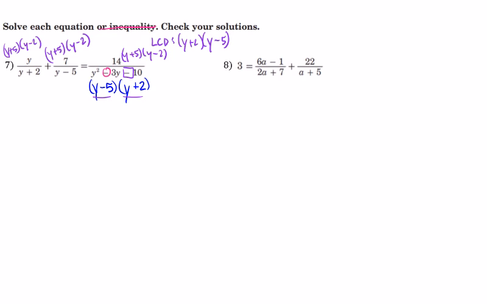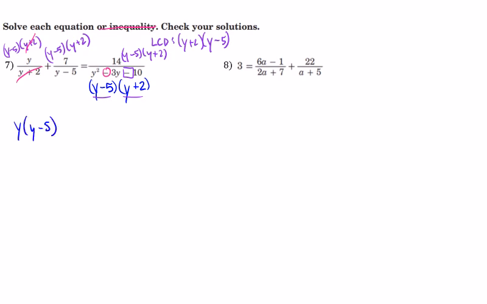This will be y minus 5 and y plus 2. Sorry about that. All right, so anyway, what will happen here is the y plus 2's will cancel out. And so what I'll end up with is y times y minus 5.